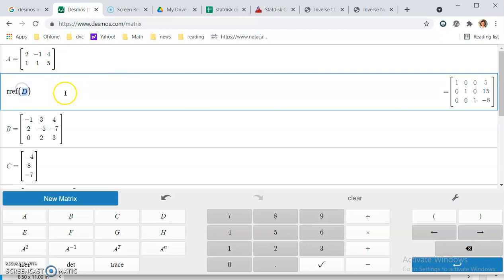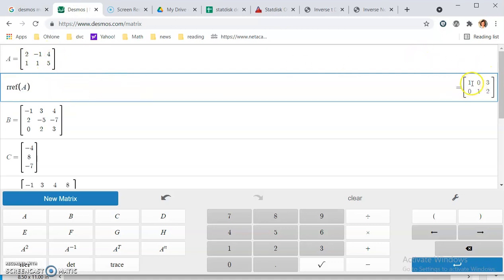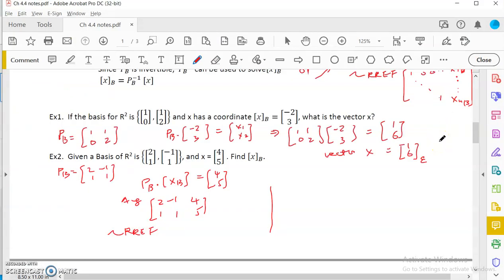I do the RREF of it, and it's 1, 0, 3, 0, 1, 2. It is always unique though. So that means x1 based on B is equal to 3, and x2 based on B is equal to 2.